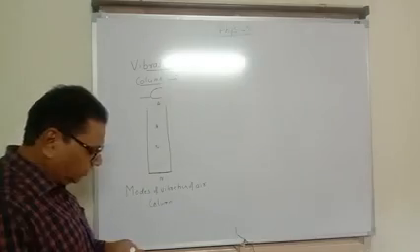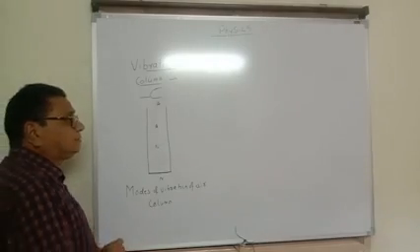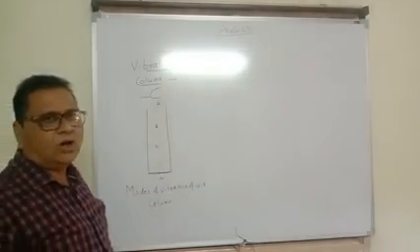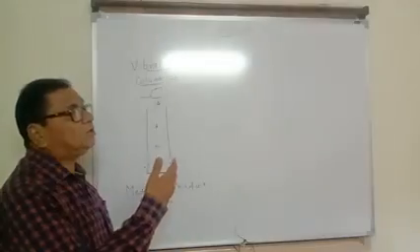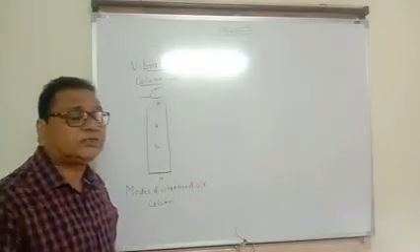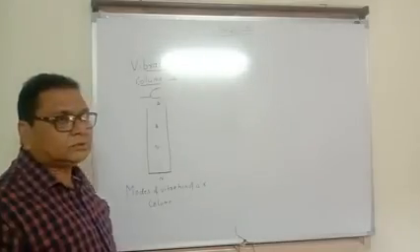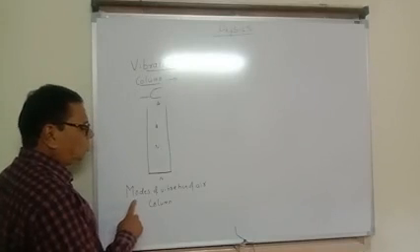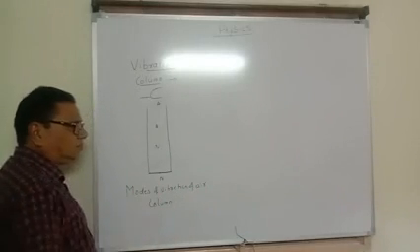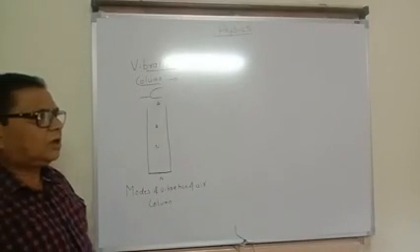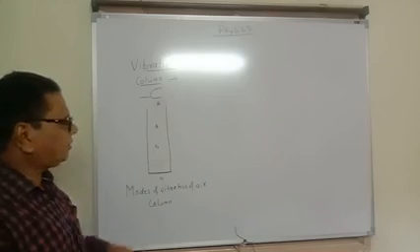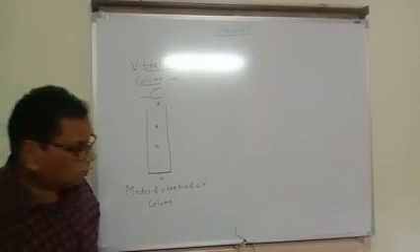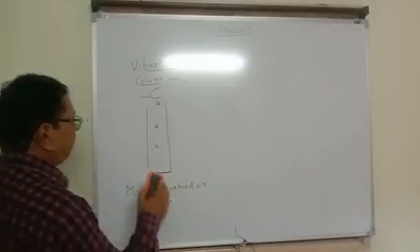When stationary waves are set up inside the air column, it can vibrate in different ways and different frequencies are produced. How the frequencies are produced, let us see one by one. That is modes of vibration of air column.